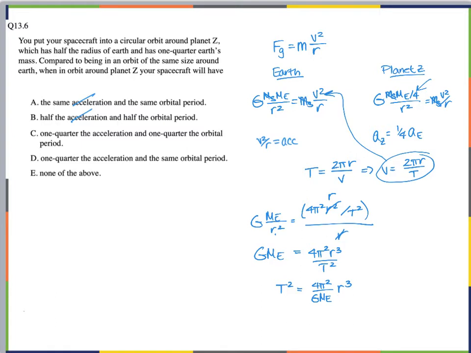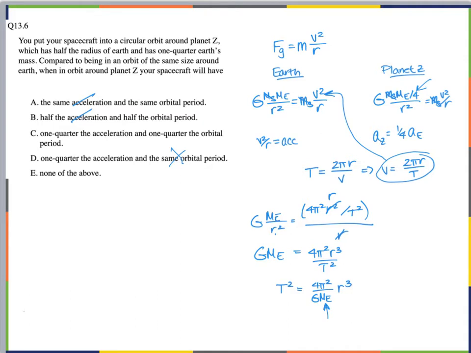So how are the periods of the two planets going to be different? Well, they're not going to be the same because of the mass of the central object. We did this for Earth, but if we were looking at the period for planet Z, we would put the mass of the Earth over 4. So right away we can see that the periods are not going to be the same, and so we can eliminate this answer.